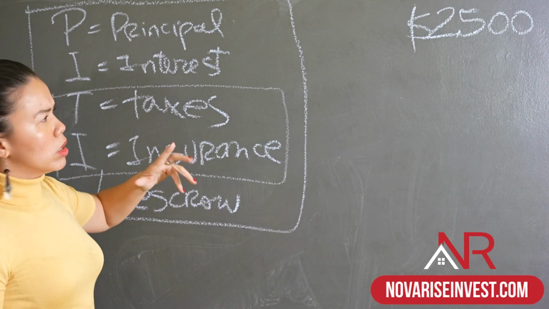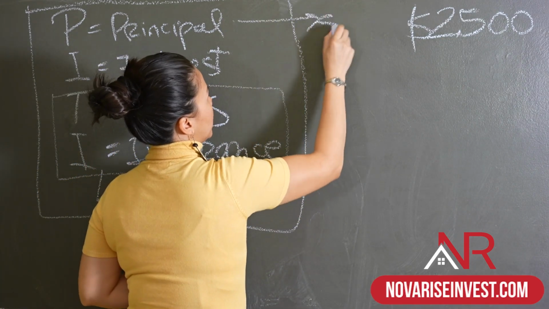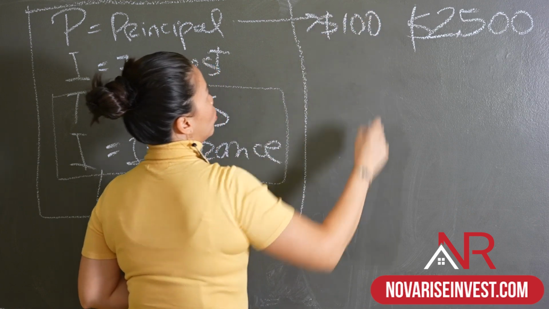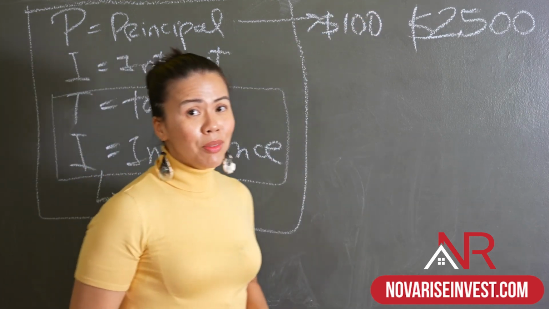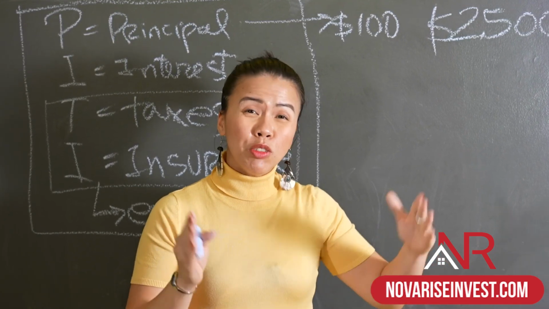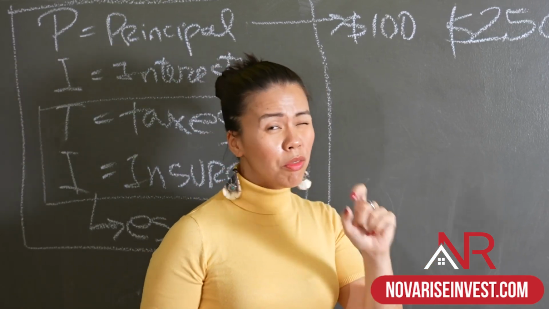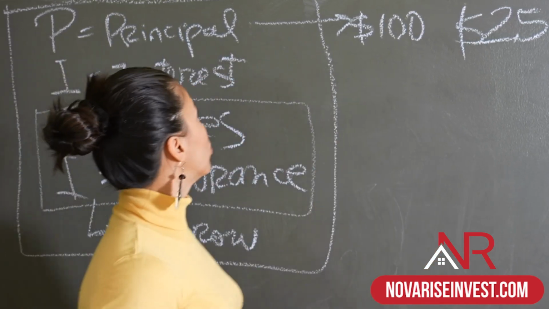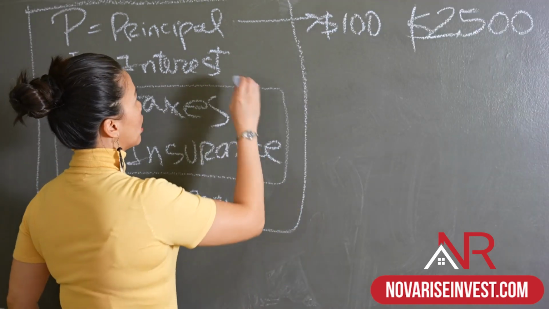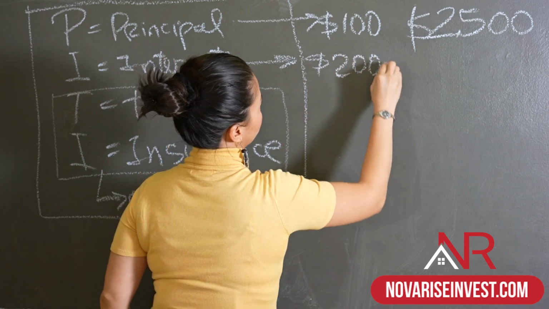So let's do a simple breakdown. Usually, let's say hypothetically, $100 will go to the principal, because every time you pay your mortgage, let's say you have a 30-year mortgage, for the first 15 years most of that payment is going to go straight to interest, and very little of it towards your principal. So let's say the interest is $2,000.